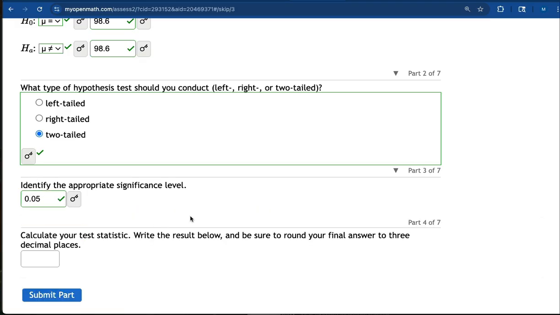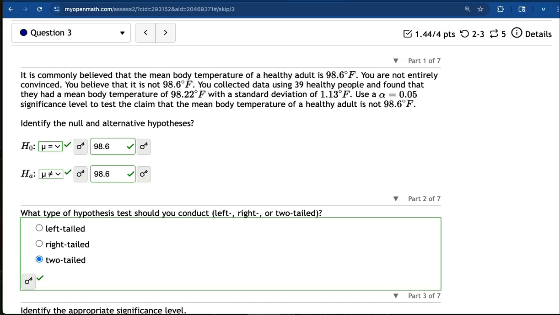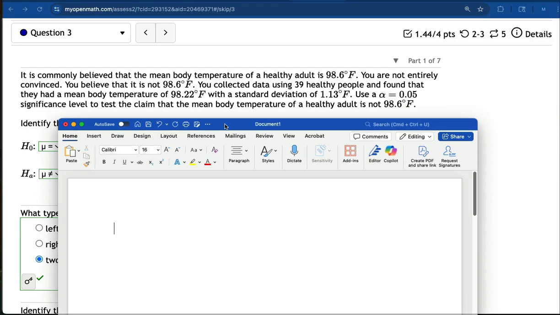And in a moment, we're going to be using StatCrunch to calculate our test statistic. Okay, so let's jot some numbers down here. I'm going to copy some of these numbers. So we have a sample size of 39.